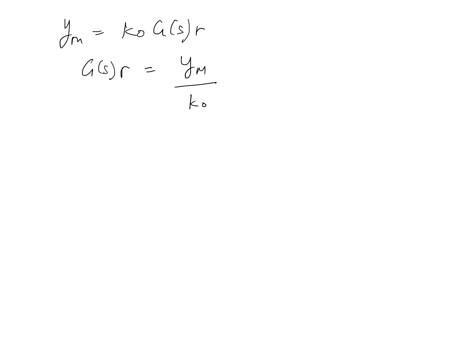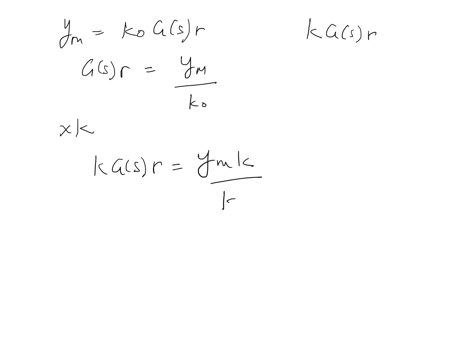So g(s) r is equal to ym over k0. Now we want to find k g(s) r, so we multiply by k on both sides: k g(s) r equal to ym k over k0.